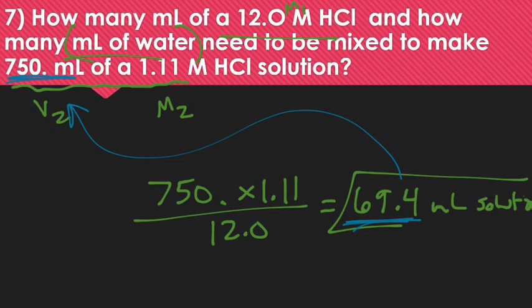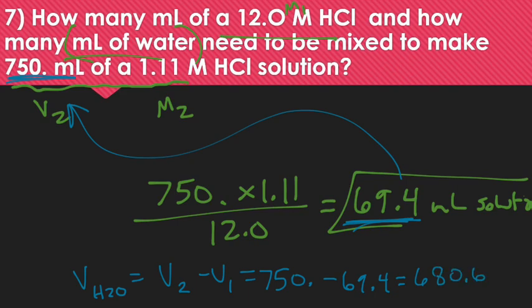So the way we can find our volume of water is just by taking our V2 minus our V1, the final solution with the bigger volume, that's 750, minus the 69.4 that we were starting with. And that's going to tell us that we should be adding 680.6 milliliters of water to make that 750 milliliter solution.